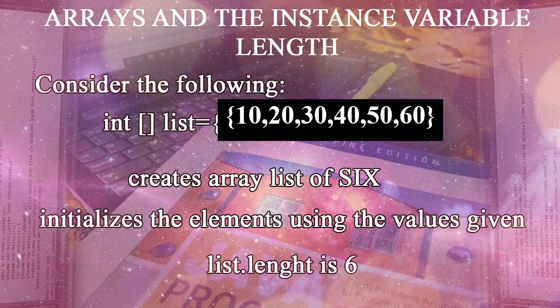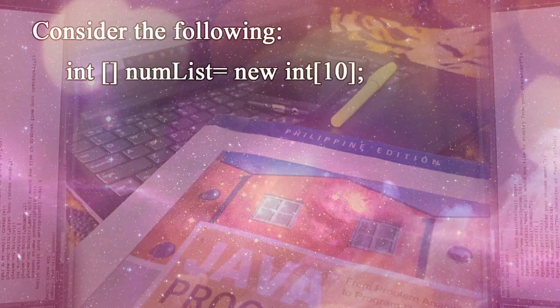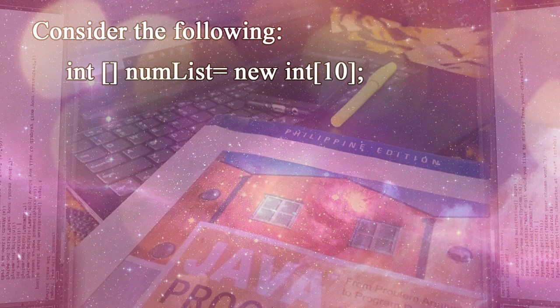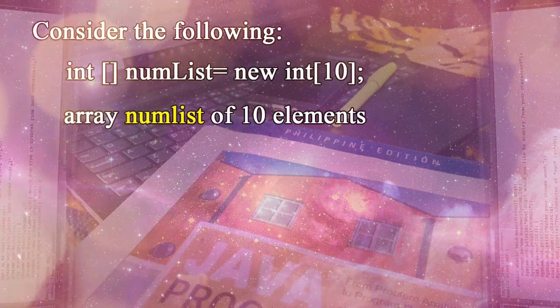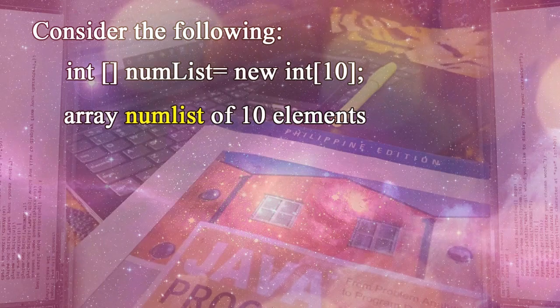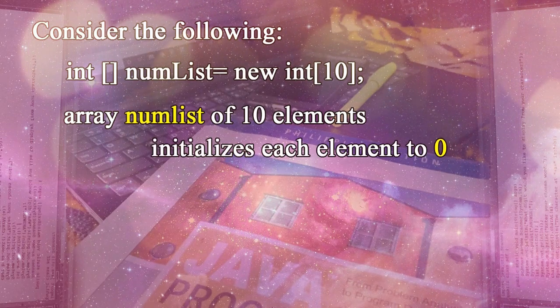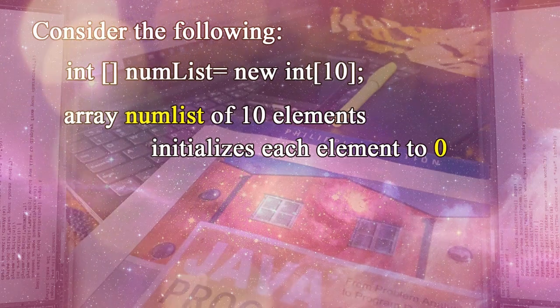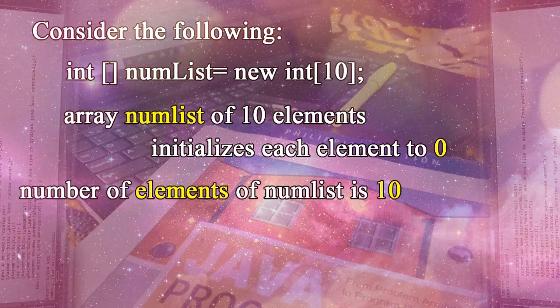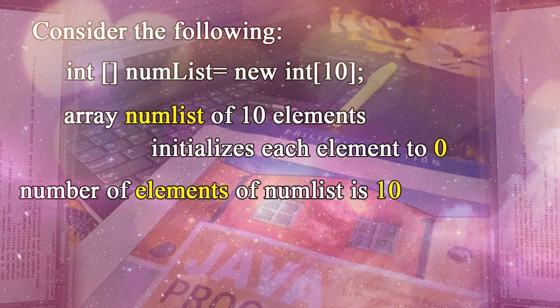Again, consider the following statement. This statement creates the array numList of 10 elements and initializes each element to 0. Because the number of elements of numList is 10, the value of numList.length is 10.